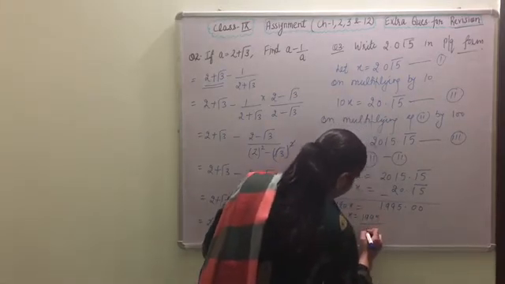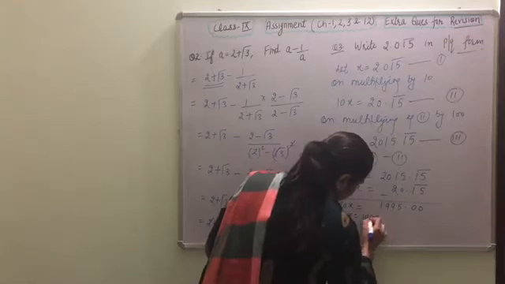1995 divided by 990. Both numbers will be cancelled by 3.